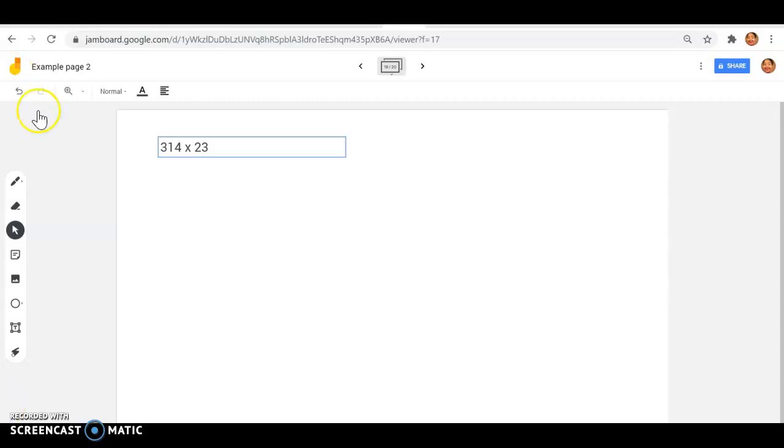So I'm going to show you how you multiply 314 times 23. The first thing that we're going to do is find the estimated product. I'm going to write down the CFS really quickly. Step number 1, we're going to round numbers. Another word for round would be estimate.